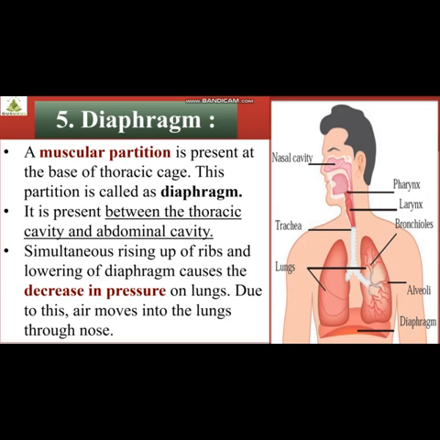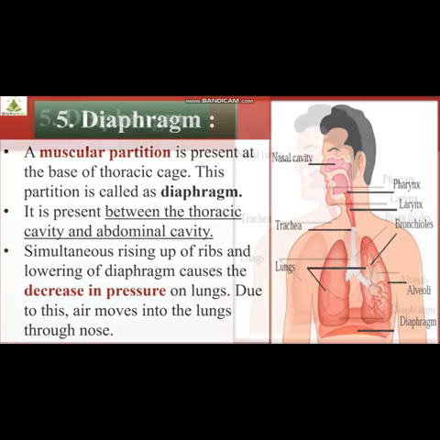So rising up of ribs and lowering of diaphragm happens, and due to this there is a decrease in pressure on the lungs. Please remember this, and this will cause what? Decrease in pressure on the lungs.